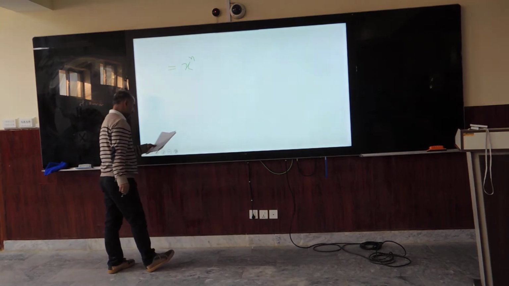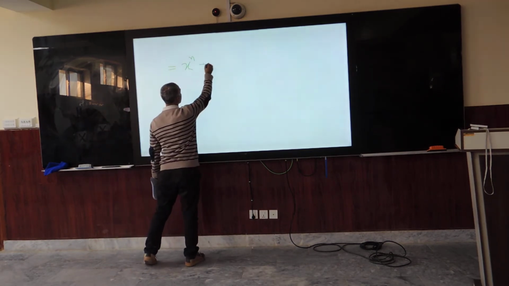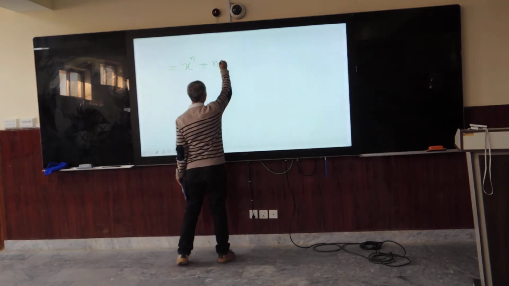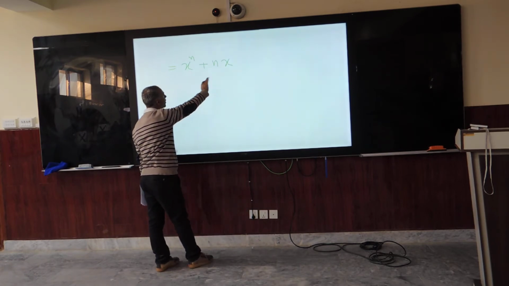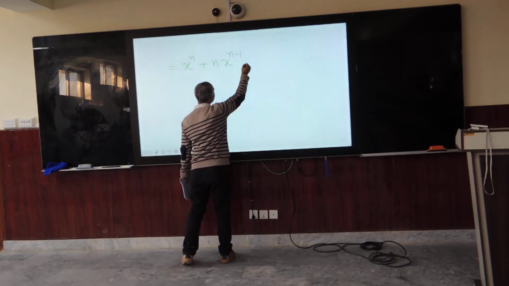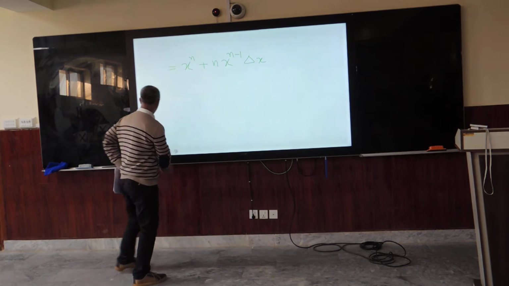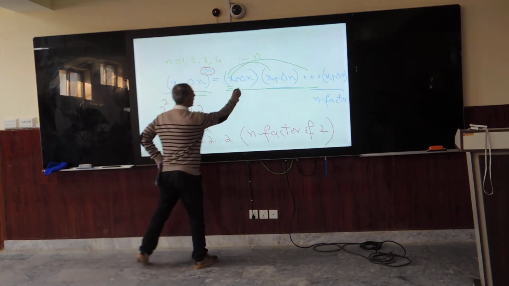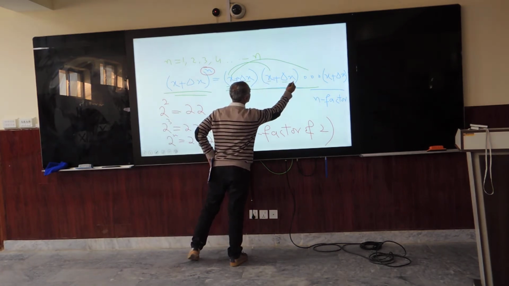Next, in a similar way, we will have plus n, and then x, this first factor, at the next step decreased, so n minus 1, and of course delta x is a multiple of this one. First x multiplies with x and then with delta x.